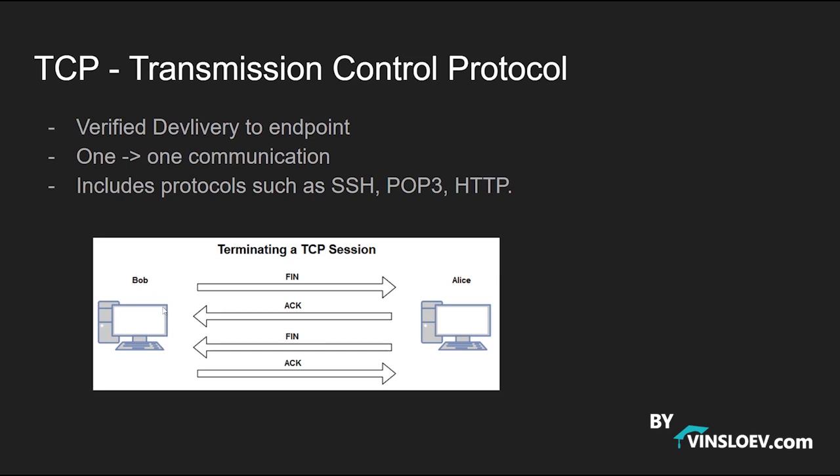devices are communicating, here it's Bob using his computer and Alice using her computer, then Bob is first sending a request or some kind of package to Alice, then Alice acknowledges this, and that is where TCP differentiates itself from UDP, because every time a package is sent, the receiving part is acknowledging the sending request, and then the flow continues where we send something and we get an acknowledgement back.